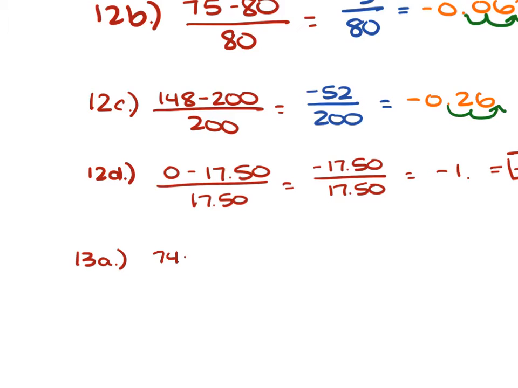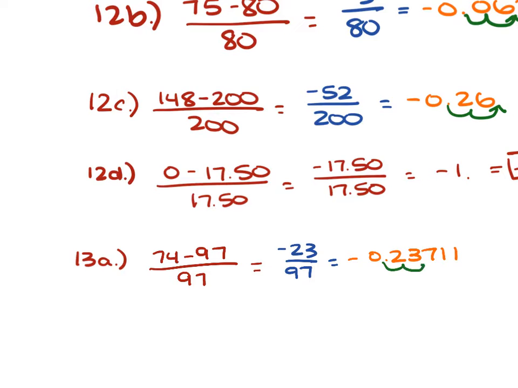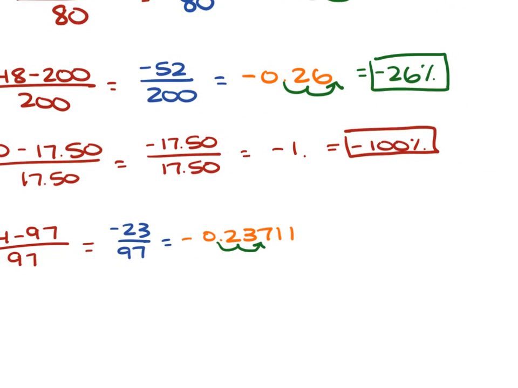So that's going to be 74 minus 97 over the 97. 74 minus 97 gives us negative 23 over 97. When we divide these, we get negative 0.23711. We are going to take the decimal, move it to the right 2 places, and round to the nearest 100th. So this is a negative 23.71%. This is about, since it's rounded.